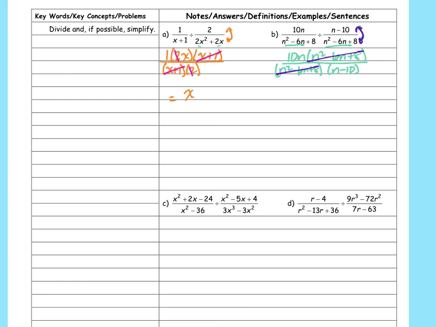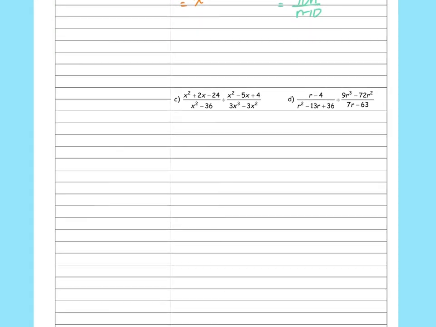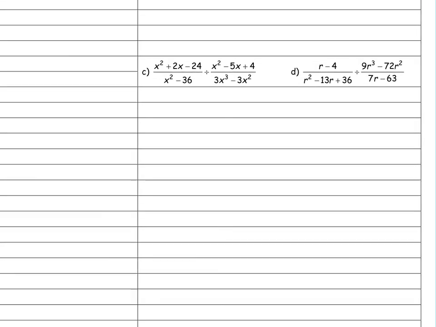So why do the extra work? Right? That's all I'm thinking. So then this becomes 10n over n minus 10. And everybody got that one right. So good job.